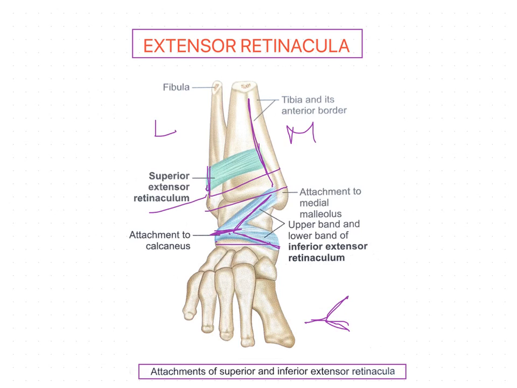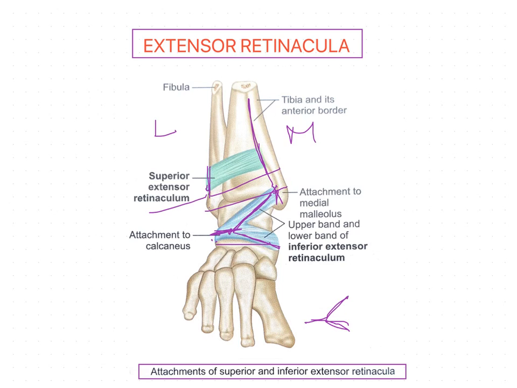The calcaneum is present on the posterior part of the foot, isn't it? Yes. And especially in front of the sulcus calcanei is the attachment of the stem part of the inferior extensor retinaculum.